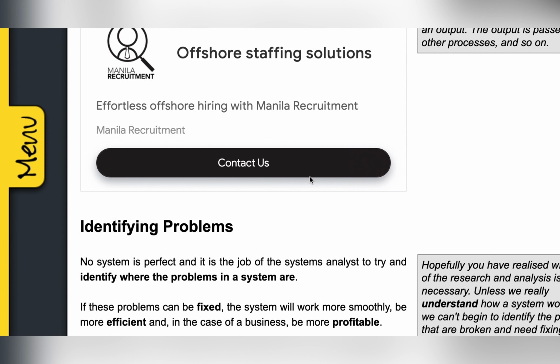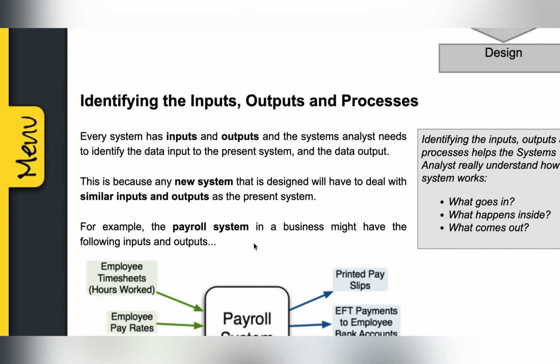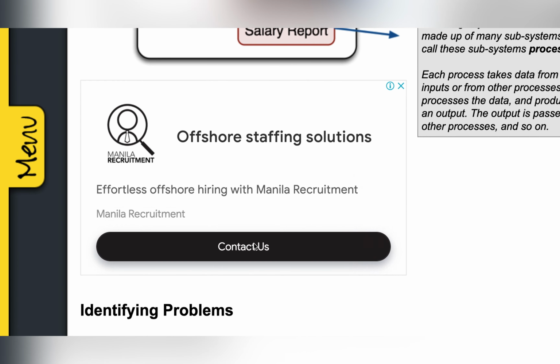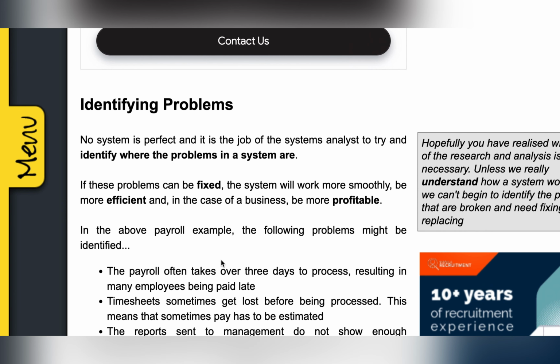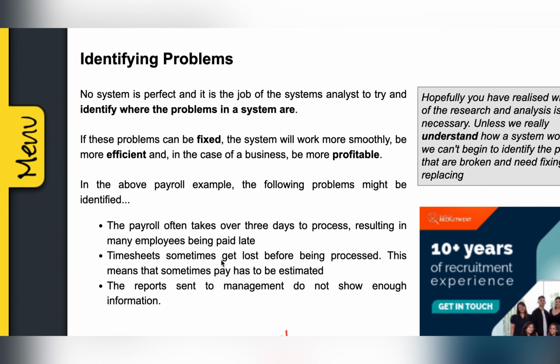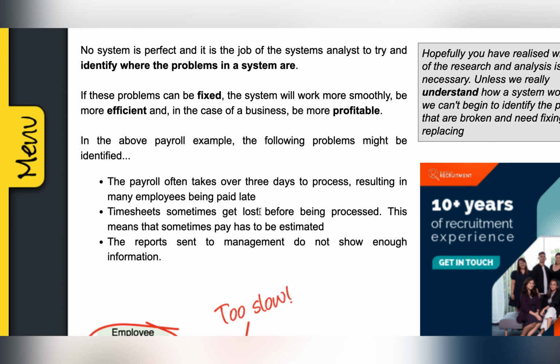The next thing to analyze is identify the problems of the system. So you remember we said you identify the input, output, and processing. That's the first one for analysis. The second aspect of analysis is to identify problems of the system. No system is perfect. As a result of that, as a system analyst, you need to be able to identify where the problems are in any system that you are supervising or you're using.